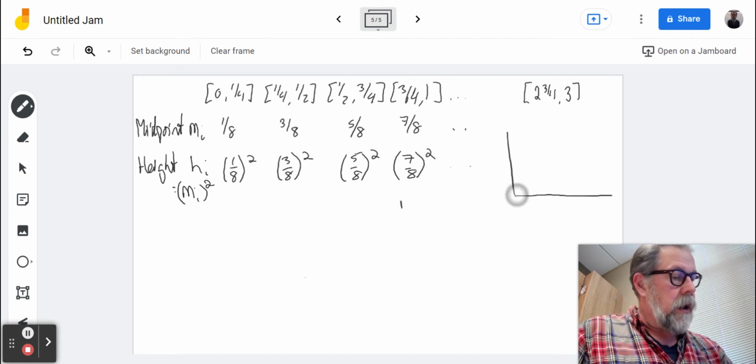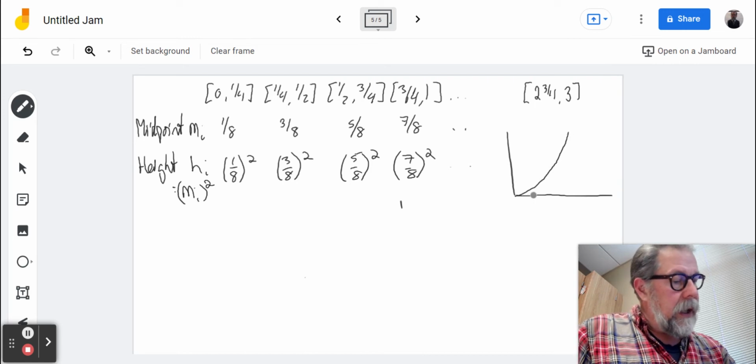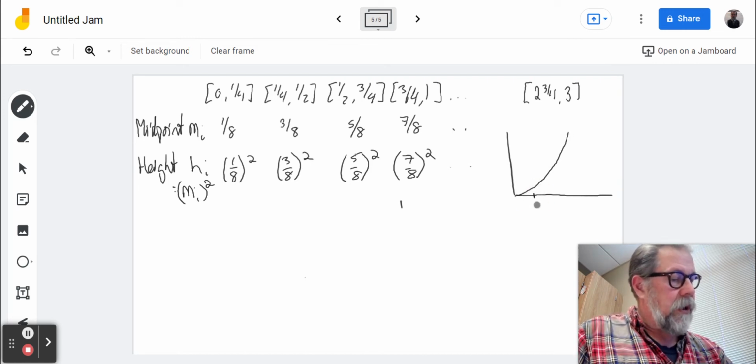Now let me just make sure we're able to visualize this. Here's my curve, and here's my first interval. So there's 1/4. And if I draw this rectangle, it looks like this.